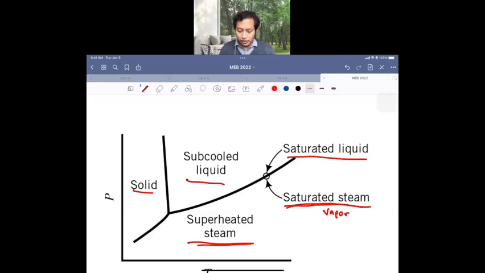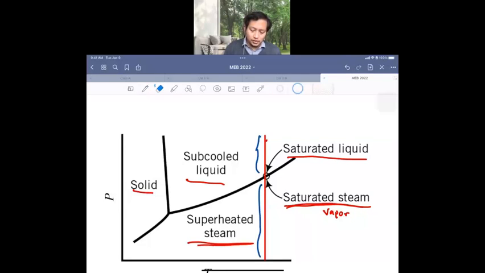Actually, on this line here, we might have some percentage of how much is still liquid and how much is still steam. That will be in our observation as well.